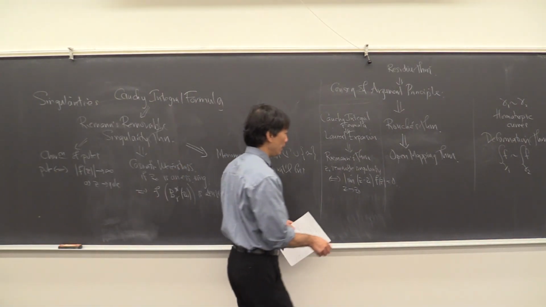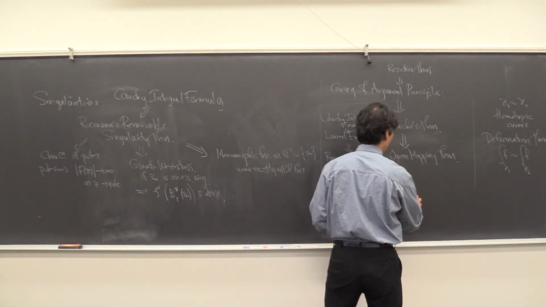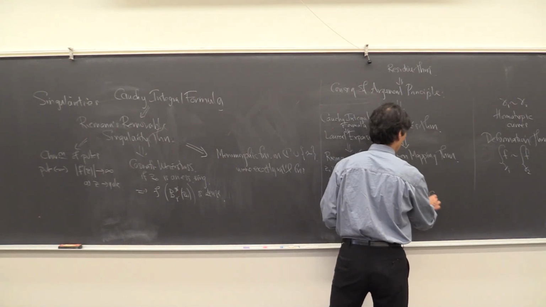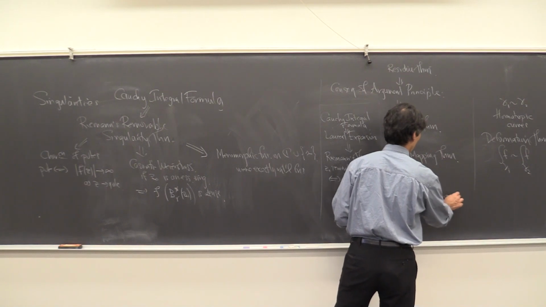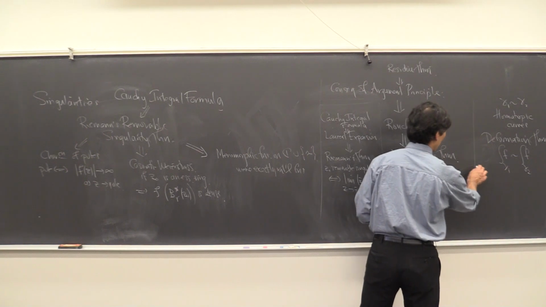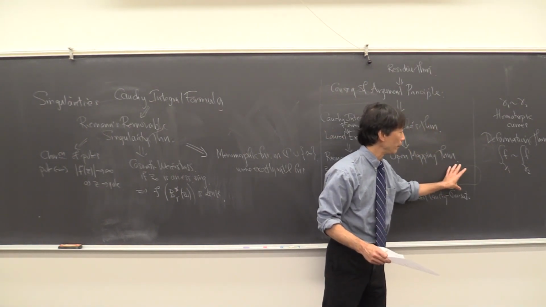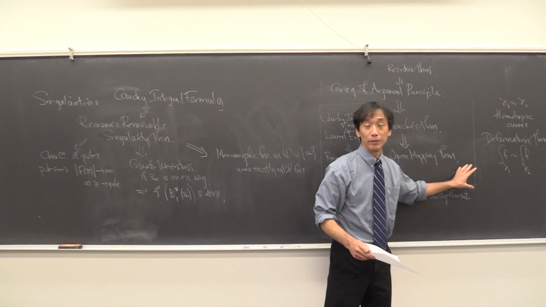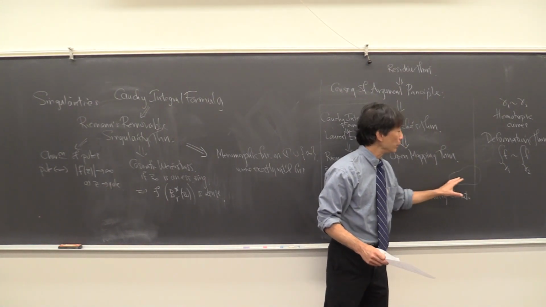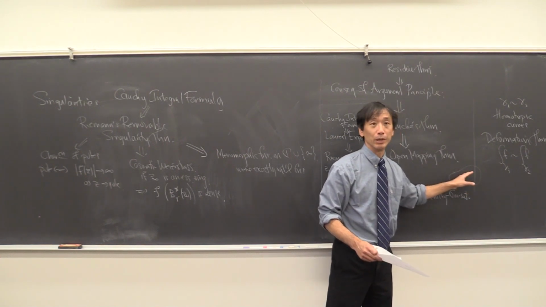That was handy because that gave us an extended version of Cauchy-Goursat. Remember, Cauchy-Goursat tells you that if you have a function that's holomorphic on a curve and inside it, then when you integrate over the curve, you get 0.